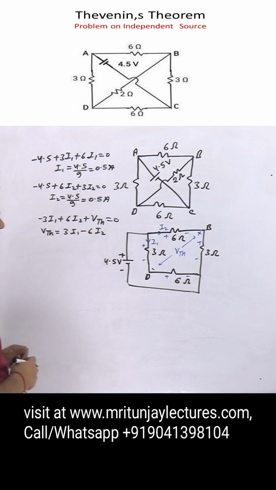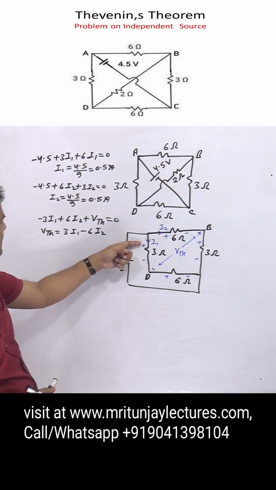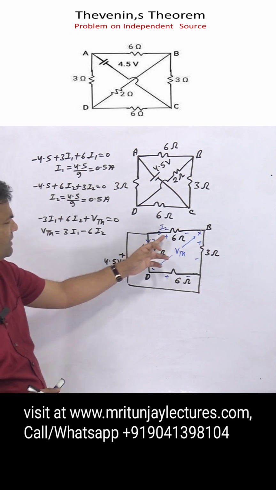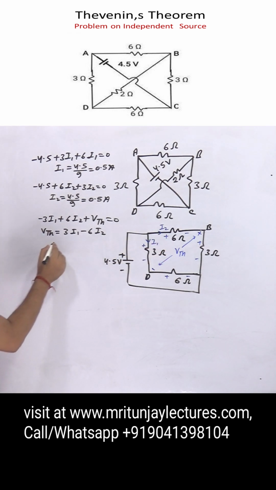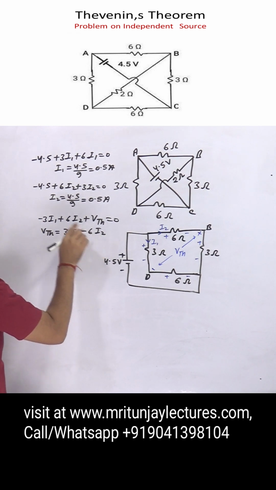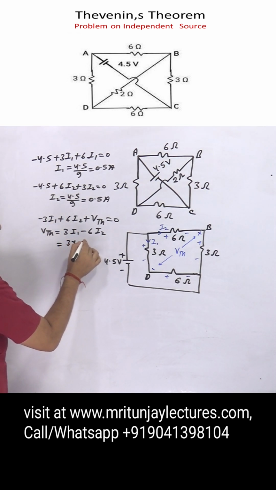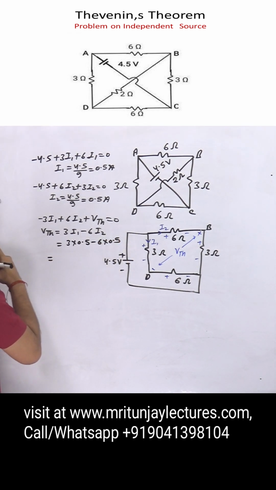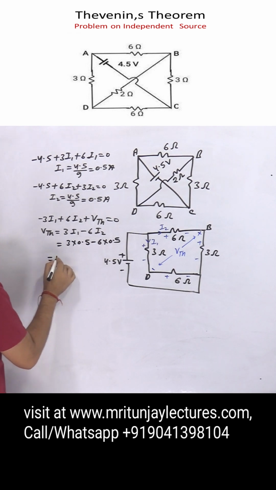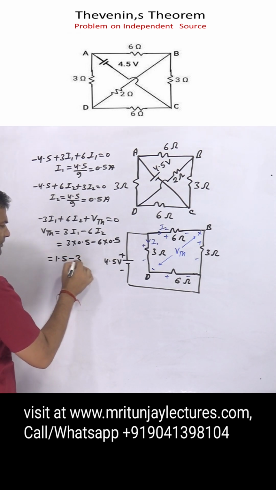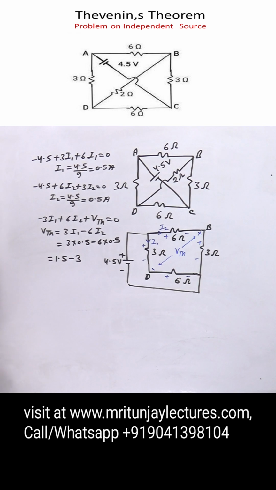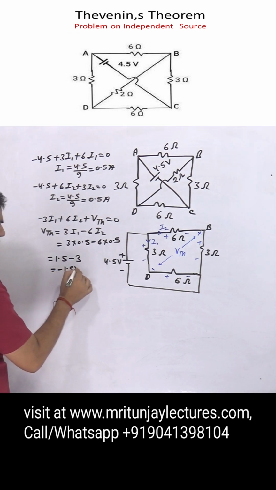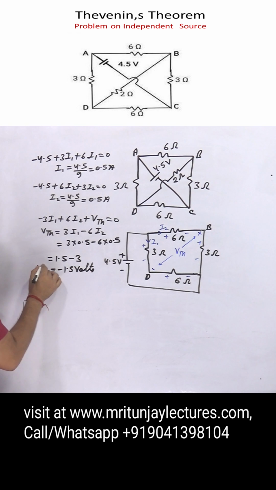Since I1 and I2 are 0.5, 3 into 0.5 minus 6 into 0.5 gives 1.5 minus 3, so we get minus 1.5 volt. Clear or not? So VTH is minus 1.5 volt.